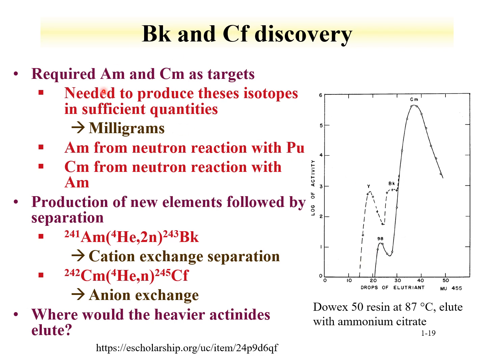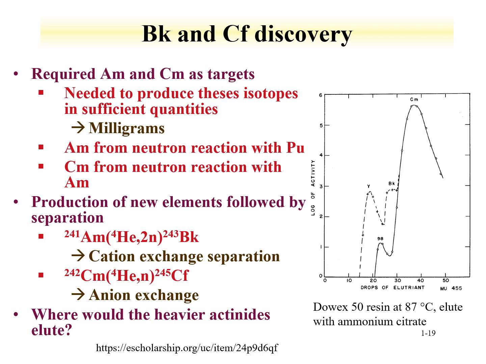If we use this method to investigate new elements, where would you expect the heavier actinides to elute? Anything heavier than californium should elute sooner. That's a useful tool, because these heavier elements are going to be made in smaller amounts and tend to have shorter half-lives.